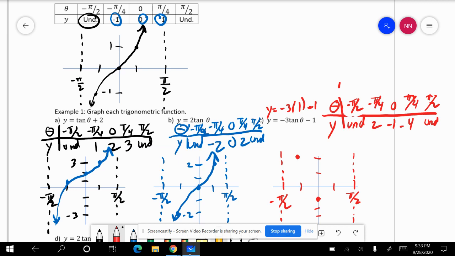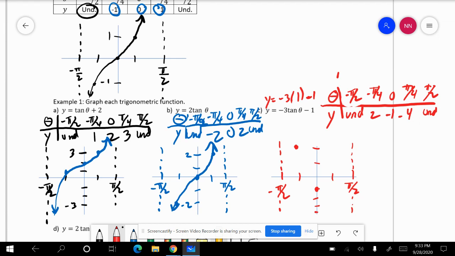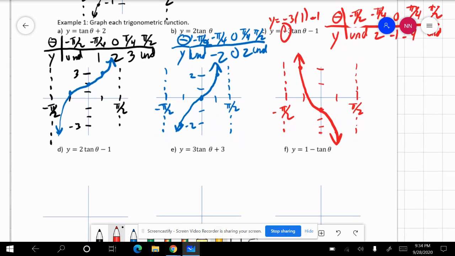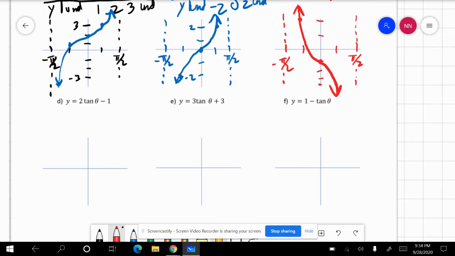And what we have is pi over 4 and -4. Now, if we're looking at this graph right here, notice that it's different than the other ones. This one's going down, and the other ones were going up. And the reason why is because of the negative in front of the tangent.